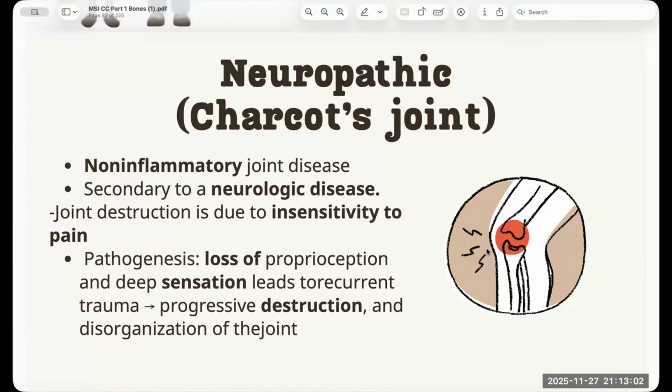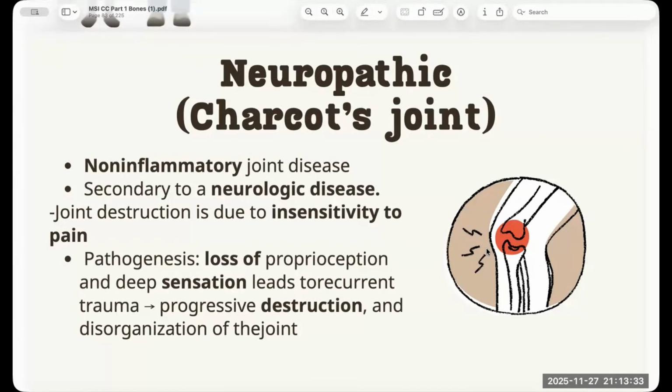So basically, when you don't feel pain somewhere, you would expose it to more harm or trauma because you're not aware of the pain that's caused there. Just how it is when it comes to diabetic foot ulcers, because they have neuropathy in their foot, they have loss of sensation. That causes them to harm their foot or not feel ulcers or pain there.